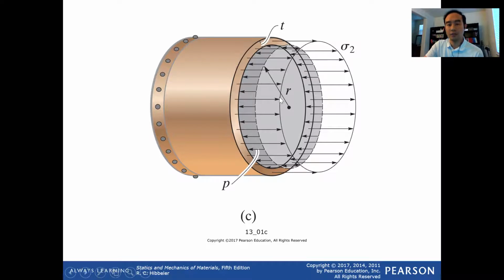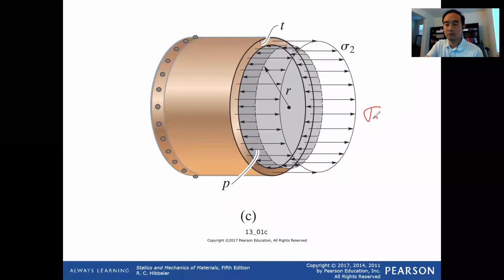So again, R is the radius, P is the pressure. How can we find sigma 2? Again, very simple. Earlier it was PR over T, now this is going to be P times R divided by 2T. That easy. So that's how we can calculate those two different directions of normal stresses.